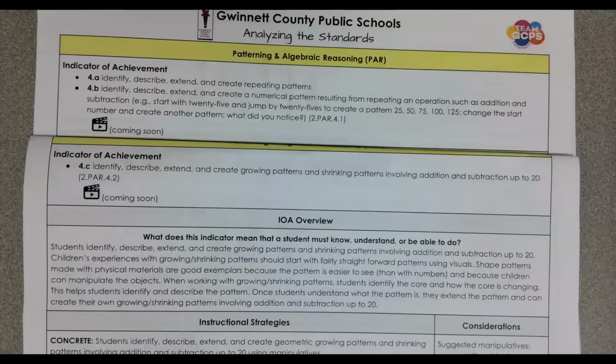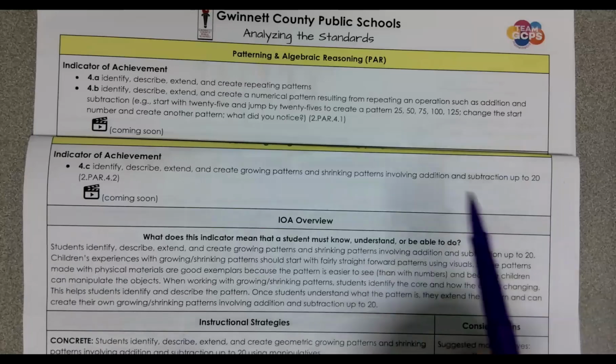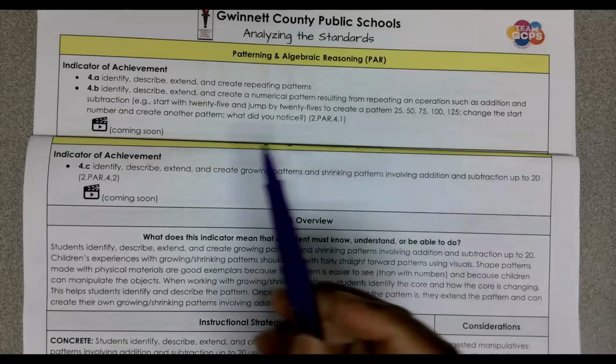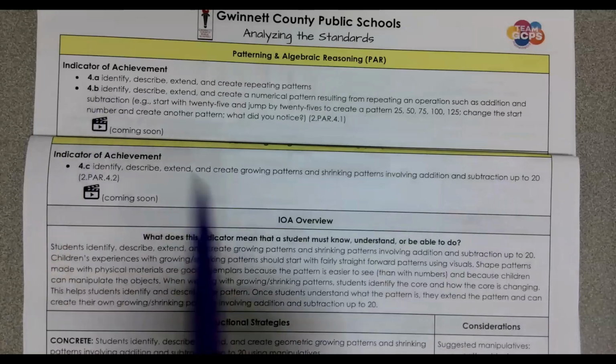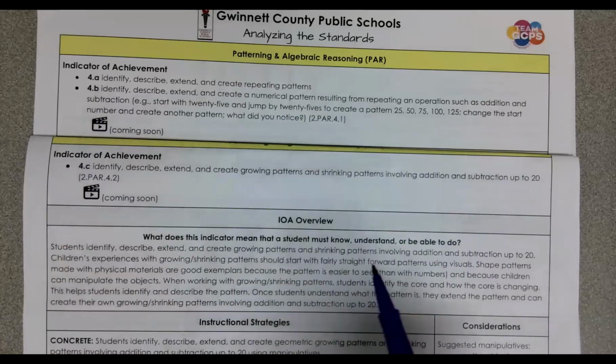Now, let's take a look at AKS 4, IOA 4A, and 4C. These IOAs are not clustered together on the pacing, but I will talk about them together in this part of the video. IOA 4A is identify, describe, extend, and create repeating patterns.